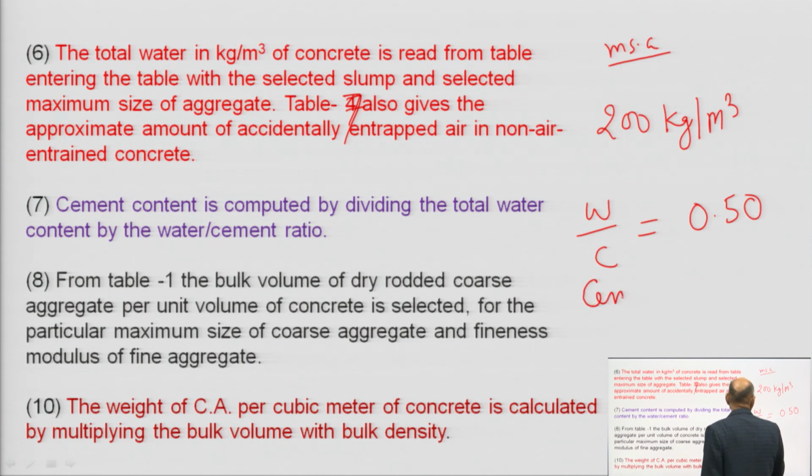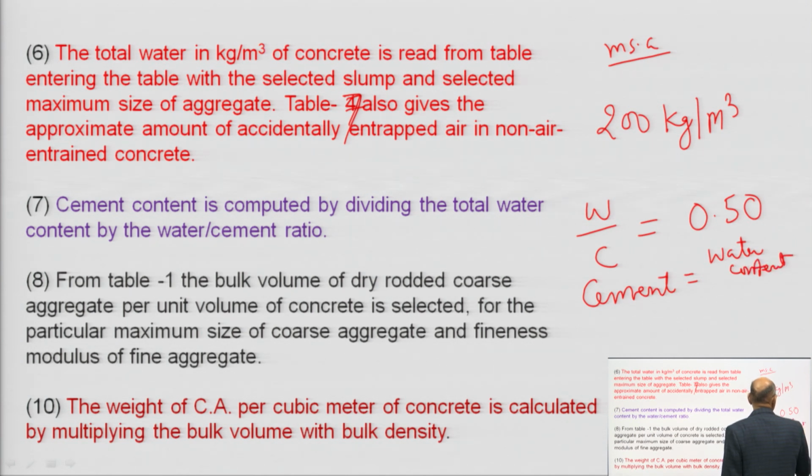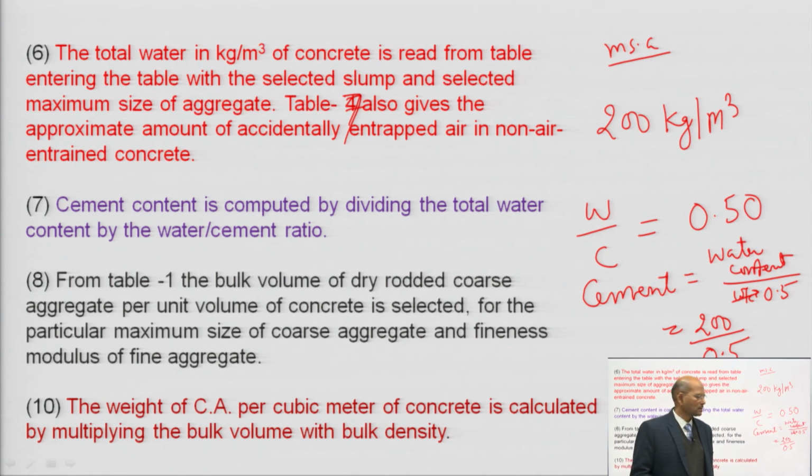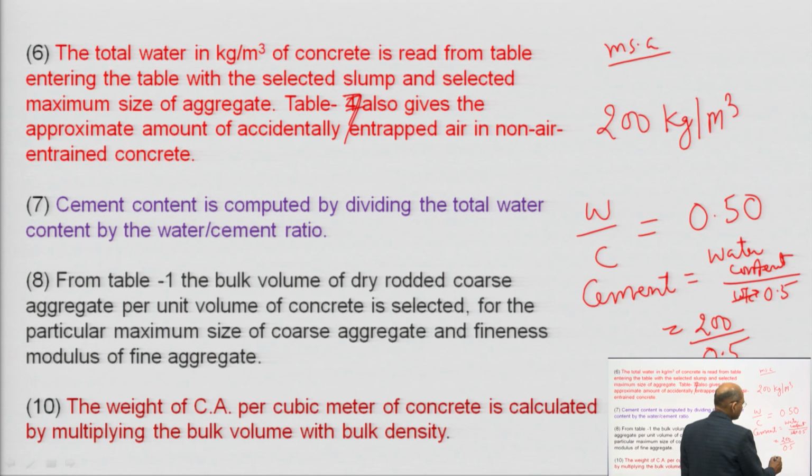Cement will be nothing but water content divided by the water cement ratio, which is 0.50. Say the water content is 200, and our water cement ratio requirement from the durability aspect as well as the strength requirement is 0.5. So, what will be its value? This will become 400 kg per meter cube.